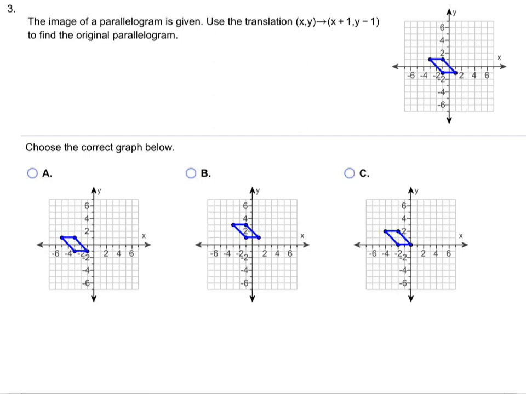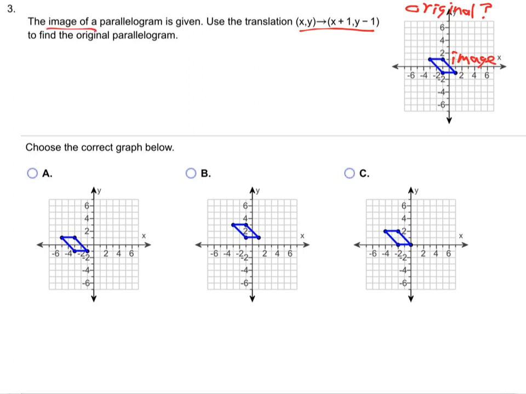The image of the parallelogram is given. Use the translation to find the original parallelogram. Oh, they want us to work backwards. So this is the image. And they're saying, what was the original before you moved it? They're playing this game backwards.